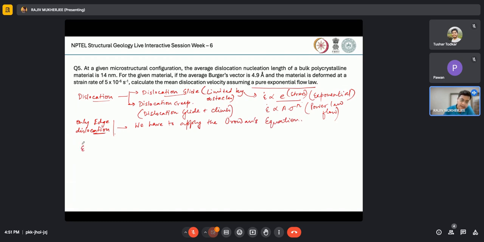It has been written as strain rate is equal to rho b v_D. Rho is the dislocation density, b is the Burgers vector, and v_D is the dislocation velocity.